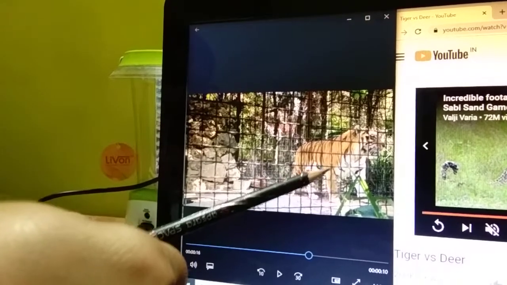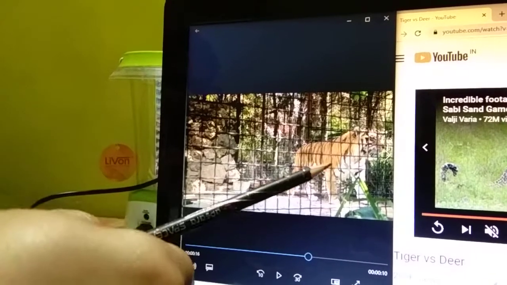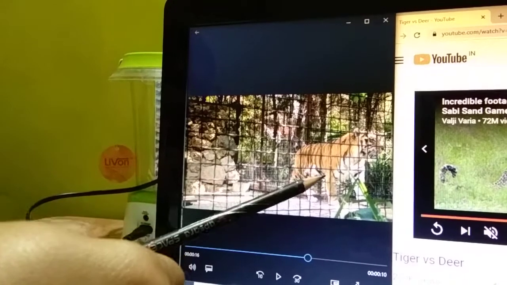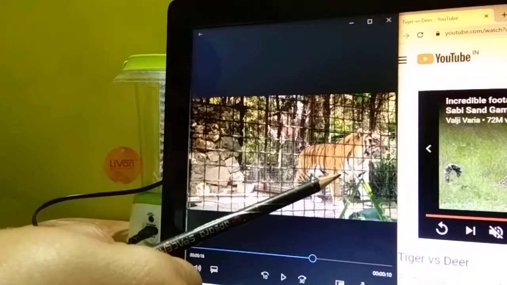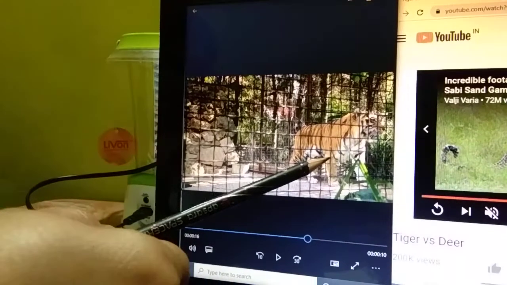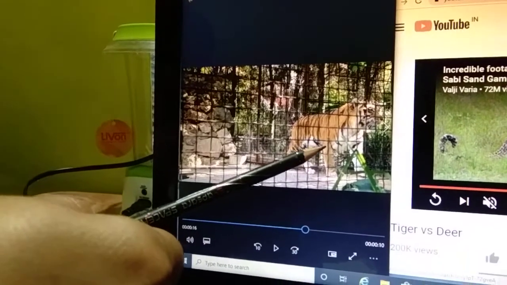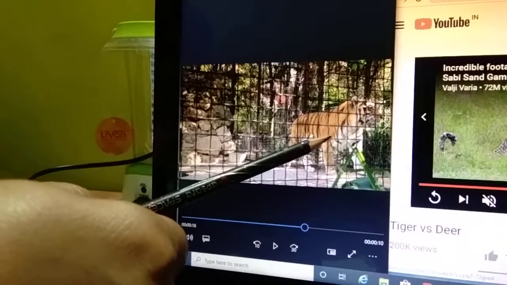That is why he is ignoring the visitors. Why ignoring? Because he is thinking only of himself, not about the other people who are chasing the tiger by doing various gestures and activities. They are taking photographs, but this tiger is quite ignorant about all these things.